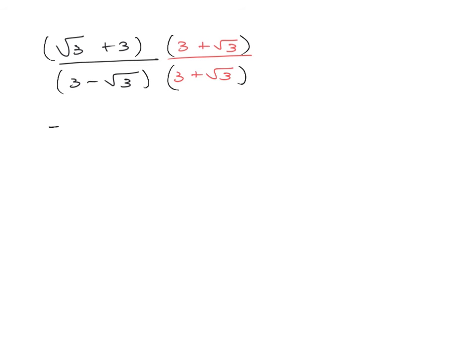And let's start with the numerator. So first we have root 3 times 3. When I multiply that, I get 3 root 3. Then I have root 3 times root 3, which is 3. Next, I have 3 times 3, which is 9. And then I have 3 times root 3, which is, again, 3 root 3.